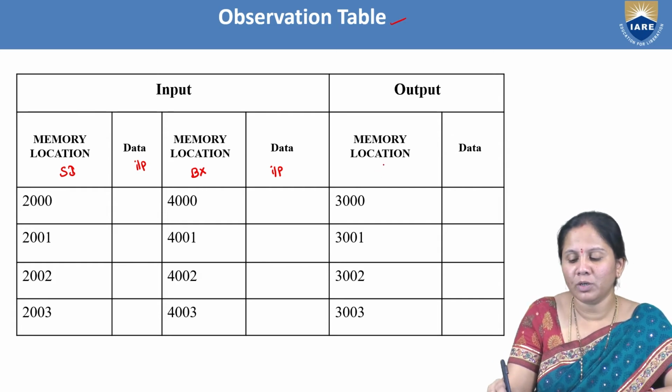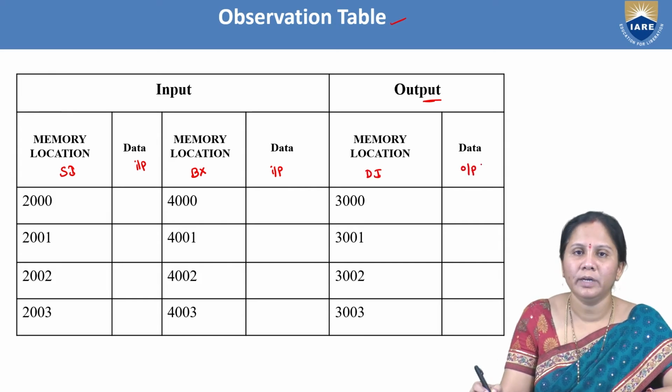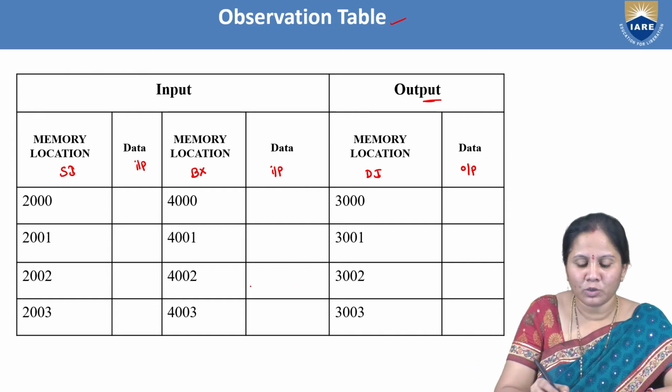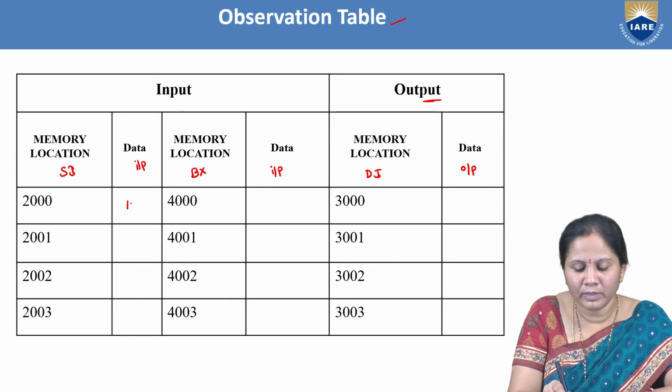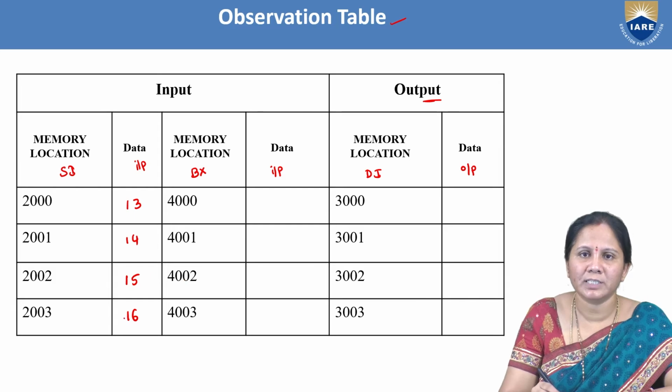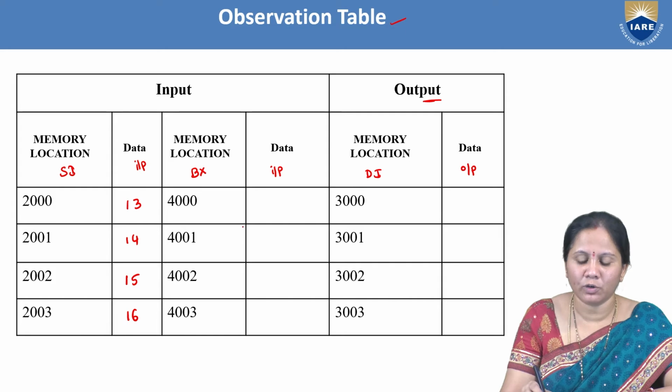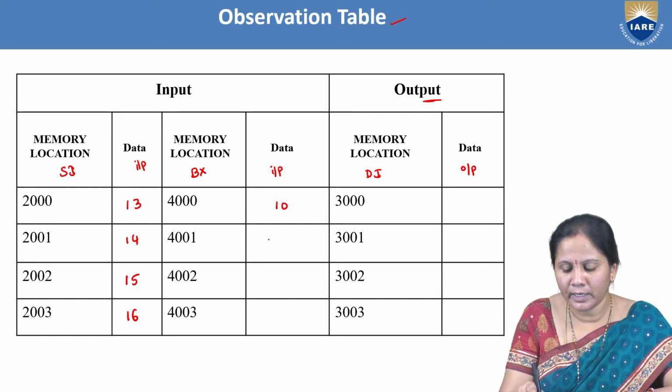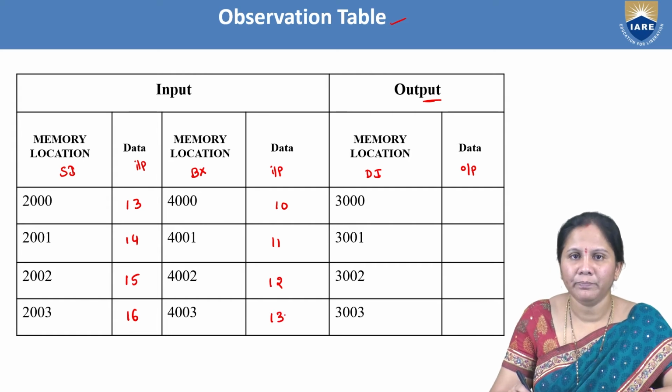In the output column, here we will have DI and we will have the output data. The output data will also be of byte size. Let us consider that in 2000 we have the inputs 13, 14, 15 and 16. All of them are byte size only. In another memory location BX, we can take another set of inputs, that is 10, 11, 12 and 13.